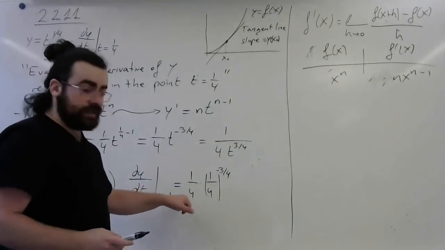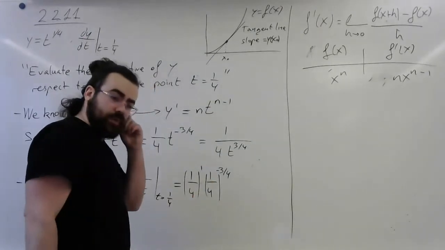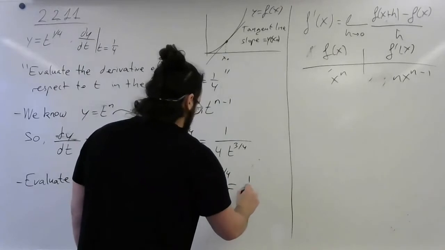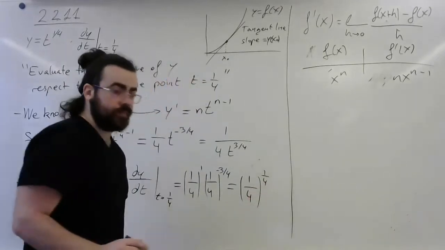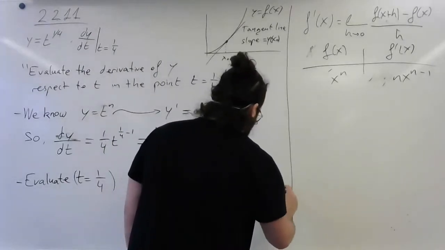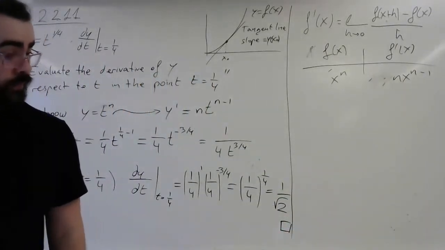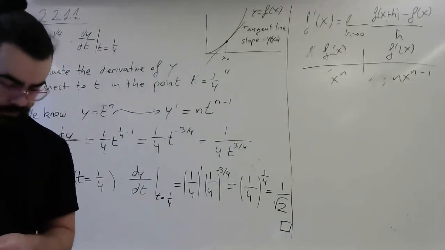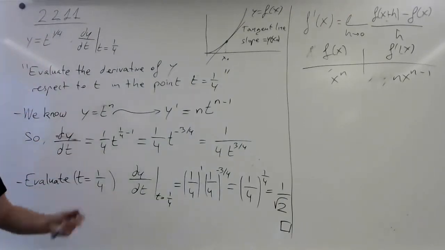Because this is 1/4 in power 1. So what we have here is actually 1/4 in power 1/4, which is kind of beautiful if you ask me. This is 1/square root of 2. Now, questions about cryptic mathematical notation and evaluating.